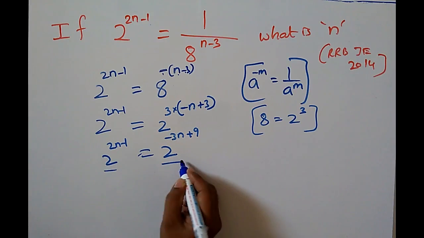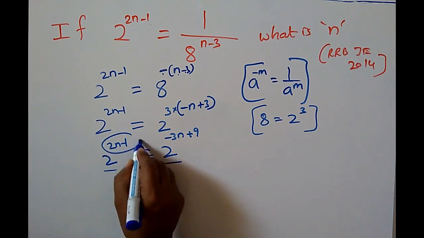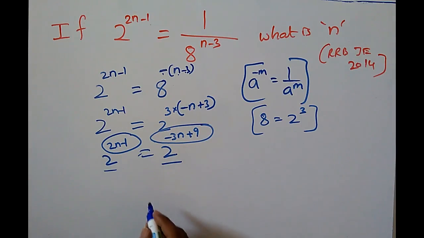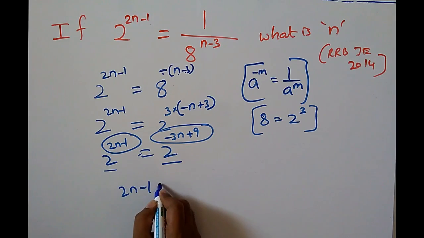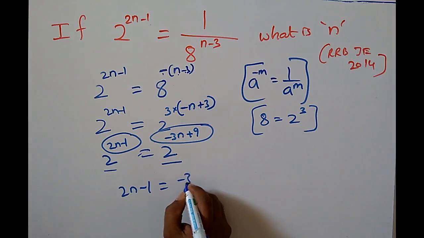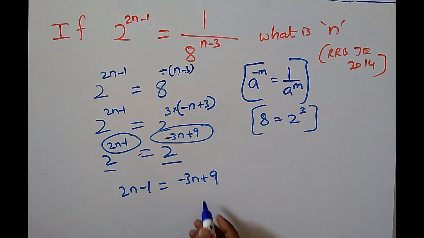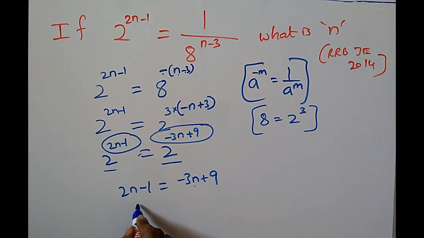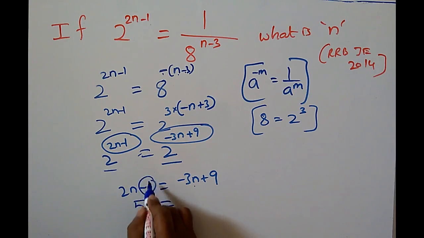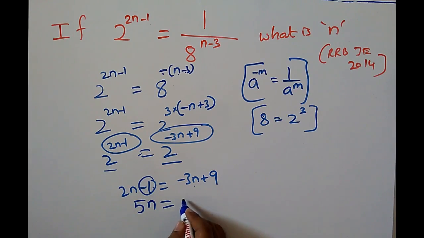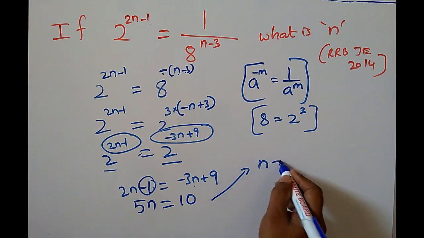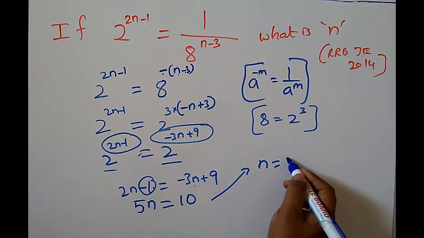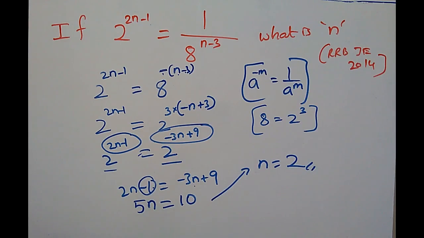If bases are equal, then the powers can be equated. So 2n minus 1 is equal to minus 3n plus 9. Bringing minus 3n to the left hand side, we get 5n is equal to 9 plus 1, which becomes 10. From this we can get n is equal to 10 by 5, that is 2, friends.